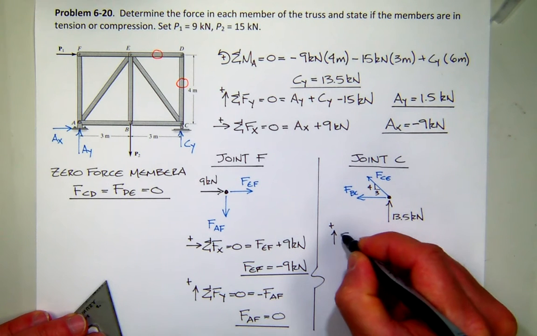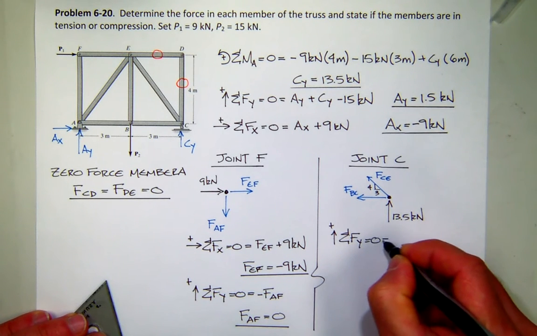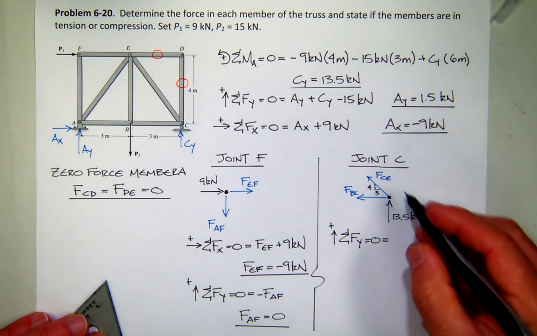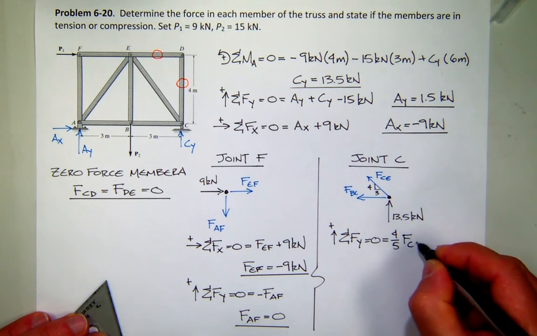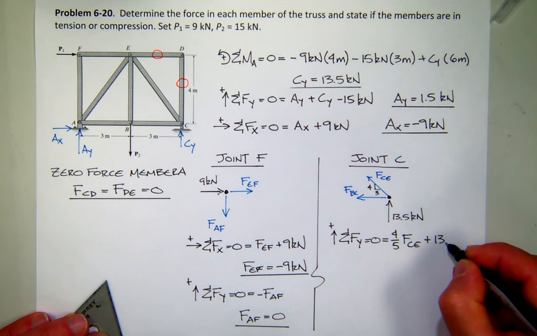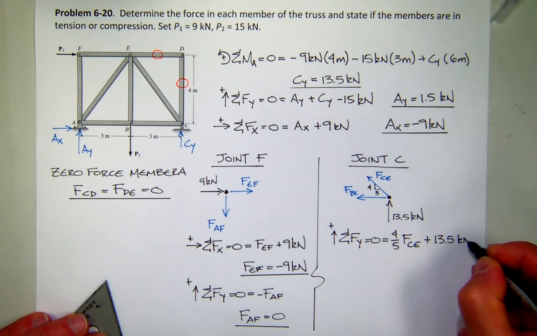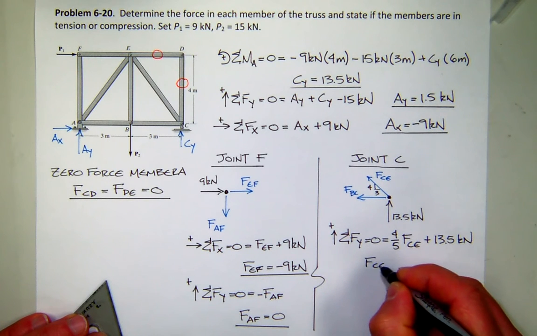So assuming up is positive, I'll sum forces in the Y direction. So this will be 4/5 of the unknown in CE acting up plus my reaction force of 13.5 kilonewtons.